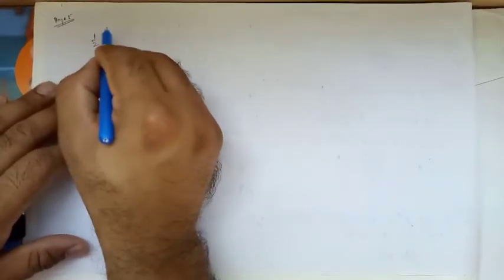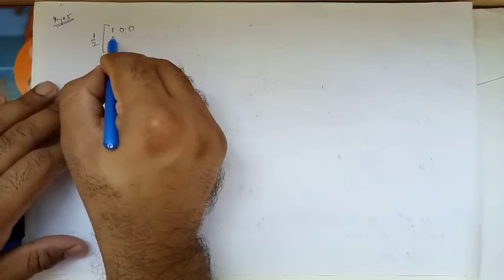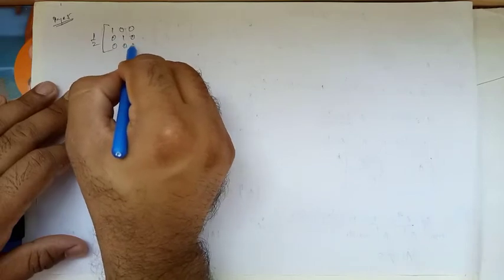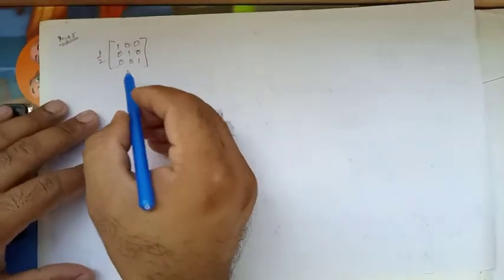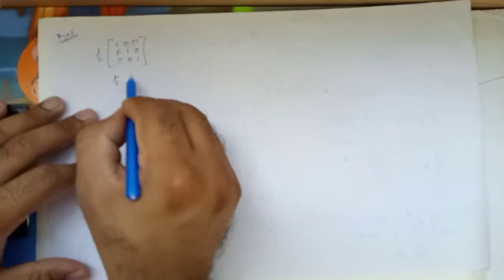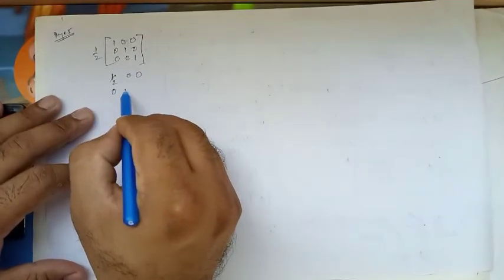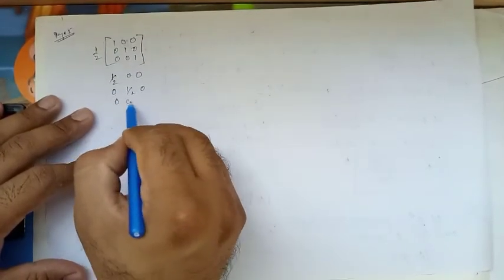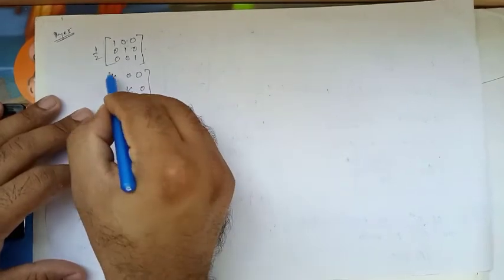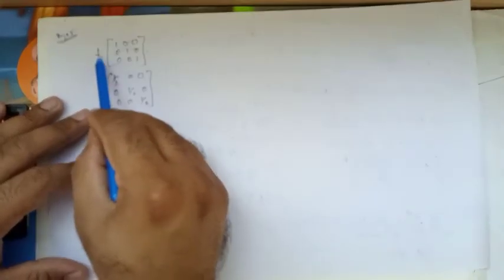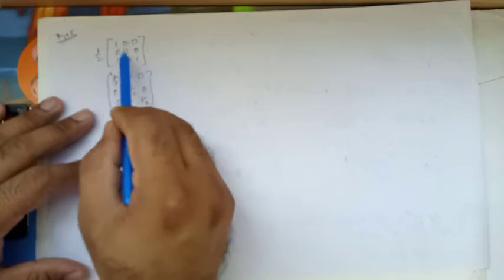One by 2, 1 0 0, 0 1 0, 0 0 1. Then what we are getting is 1 by 2, 0 0, 0, 1 by 2, 0, 0 0 1 by 2. This is a matrix, meaning I am multiplying this 1 by 2 to the entire element.